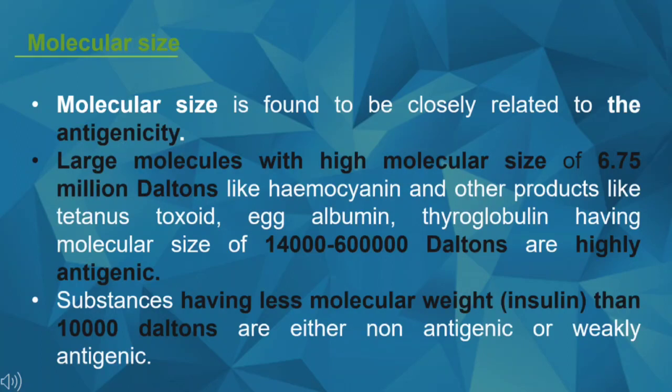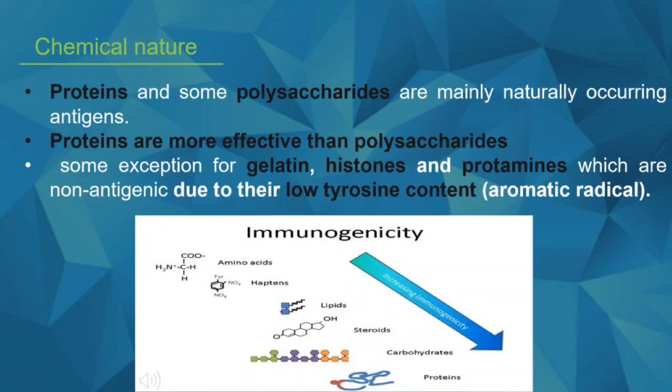Examples are tetanus toxoid, egg albumin, thyroglobulin. These components have a high molecular size, which means they are highly antigenic in nature. Substances like insulin have a low molecular weight, less than 10,000 Daltons, and are either non-antigenic or weakly antigenic in nature.